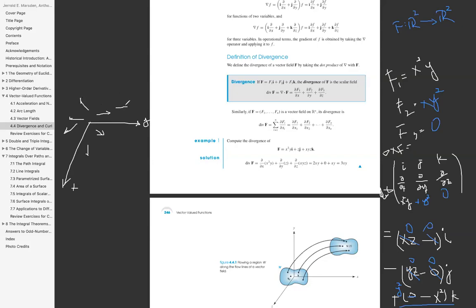The curl points in the k direction, which is perpendicular to this xy plane. That is the z direction that is pointing out. It's always perpendicular to this xy plane.